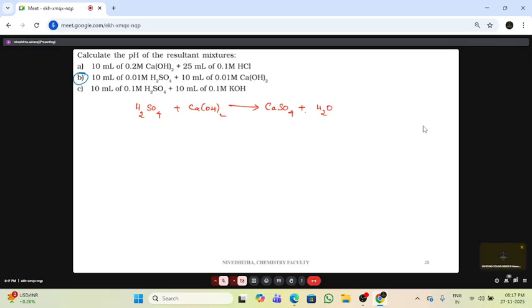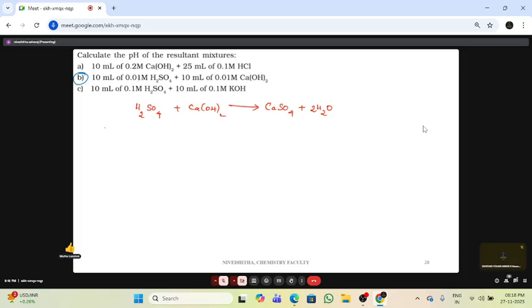Calcium is balanced, sulfate is balanced, hydrogen and oxygen are yet to be balanced. So 2 moles of H2O, right, Kana?